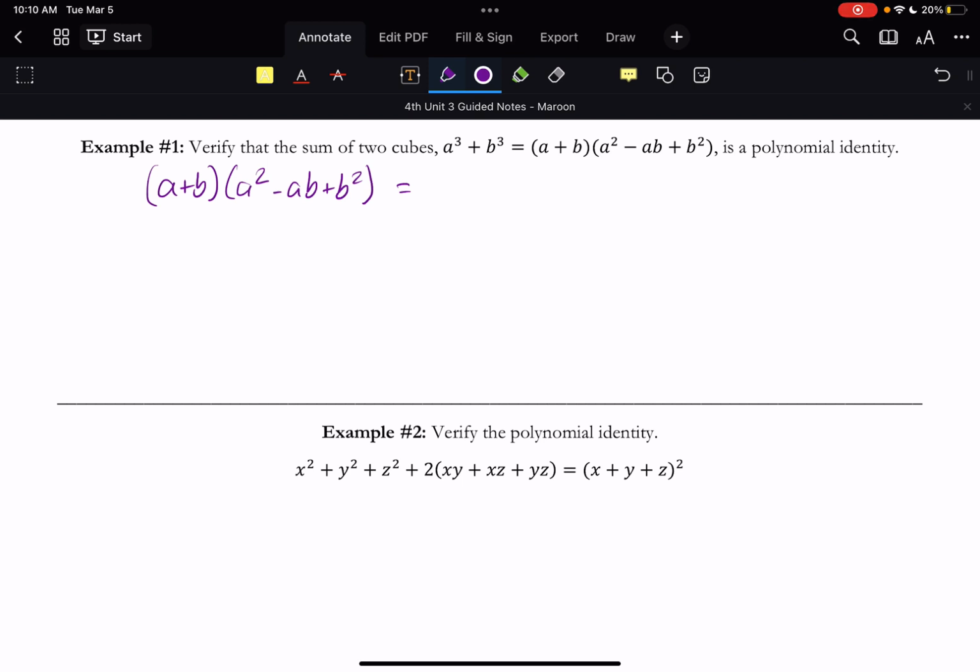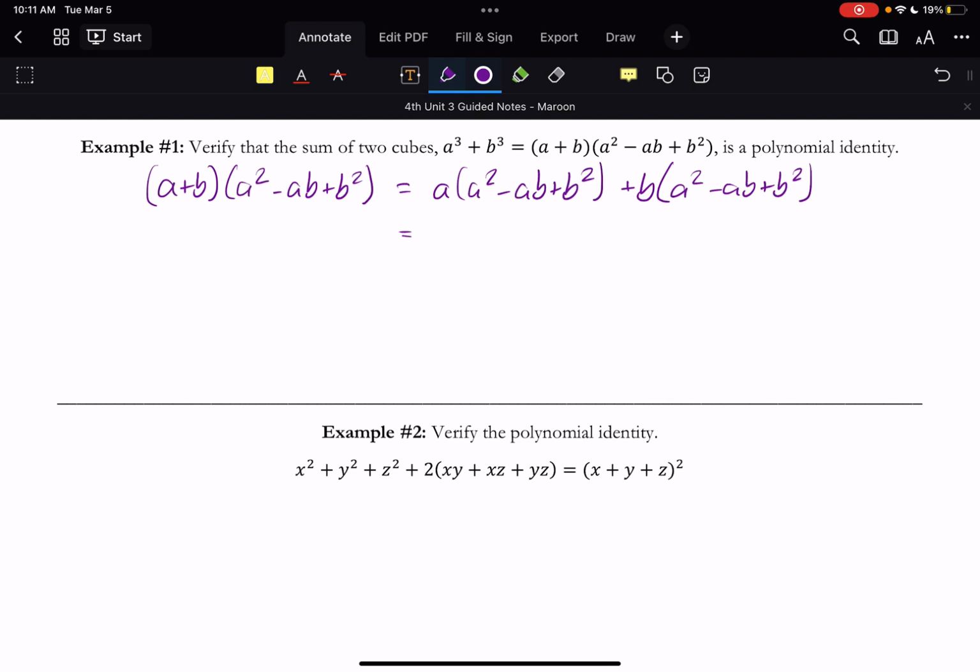This is just multiplying two polynomials together. So if I distribute that binomial to the trinomial, I get a times a squared minus ab plus b squared, plus b times a squared minus ab plus b squared. Then we distribute that variable to the entire trinomial.